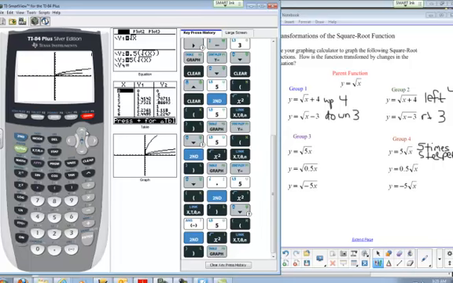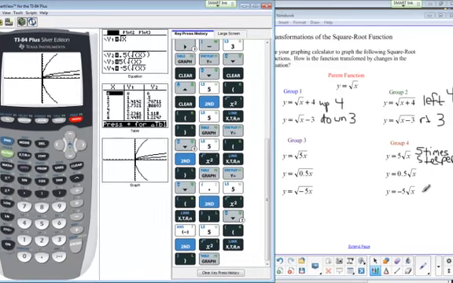So we've got our positive 5 times the square root of x, our negative 5, which flips it on the x-axis and makes it go down.